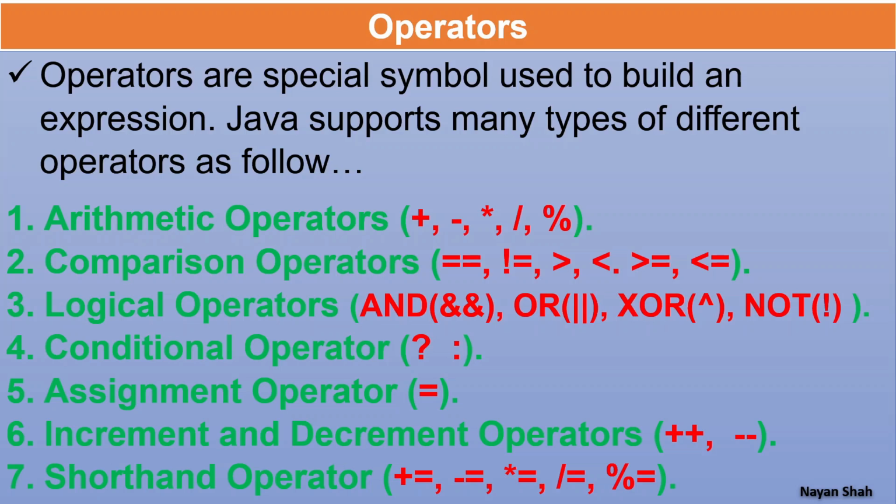Assignment operator, the most commonly used operator, is indicated by the equal sign. Increment and decrement operators, that is plus plus and minus minus. And shorthand operators, the syntax of which is an arithmetic operator followed by an assignment operator, that is plus equal to, minus equal to, multiply equal to, divide equal to and percentage equal to.